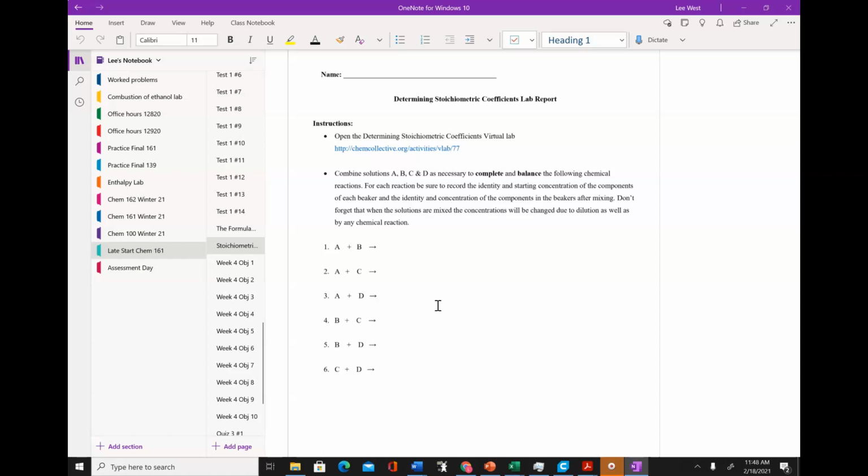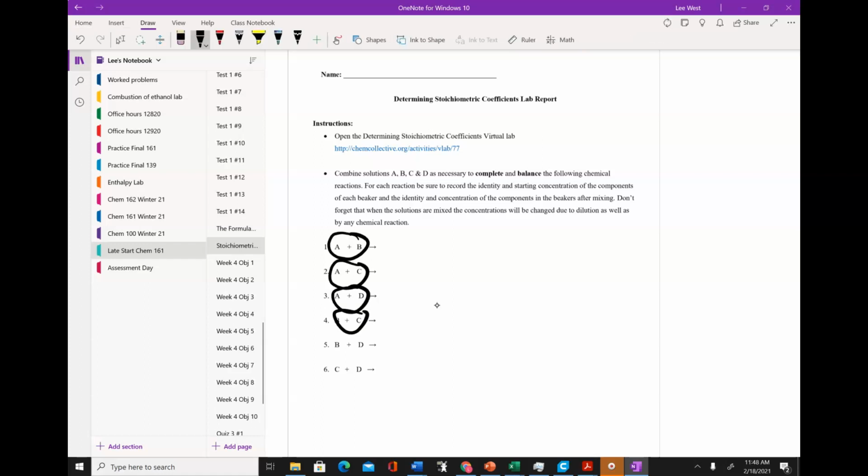So the very first thing that you want to do when you're starting on this lab is combine your solutions in the virtual lab in these combinations and just see if anything happens at all. And how we're going to observe if something happens is that there will be a new substance formed. So don't be put off if for several of them nothing appears to happen.